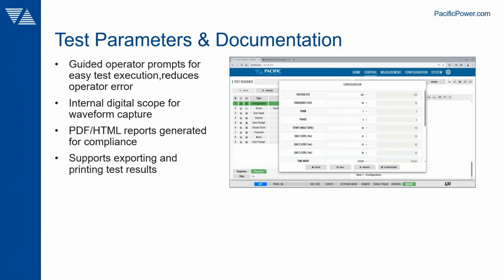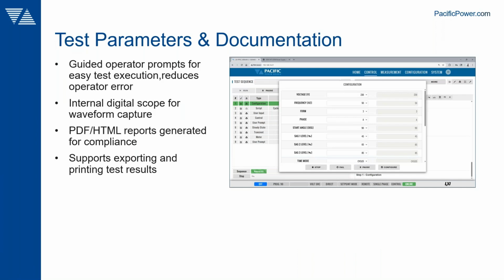Our operating user interface is generally the same. You have configuration settings at the beginning, so the user is guided through the various stages. You select your nominal settings, up to 300 volts, 50 hertz, and your phase mode and phase, with A usually the reference. Then start phase angles for your dips, and the sag levels you see there; 3 different levels can be set as part of one test sequence.